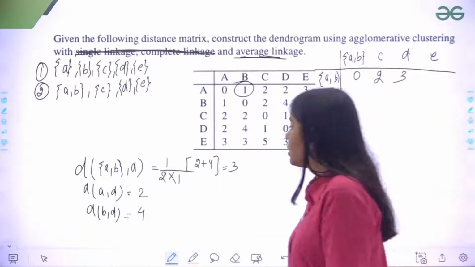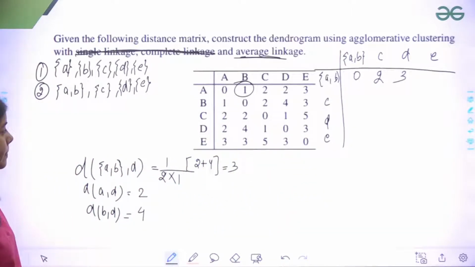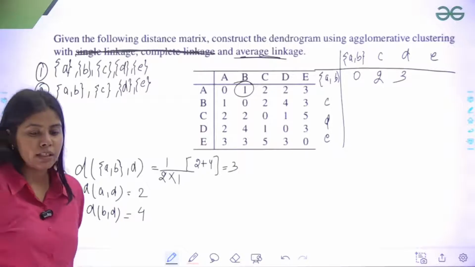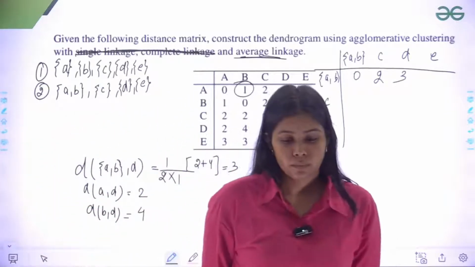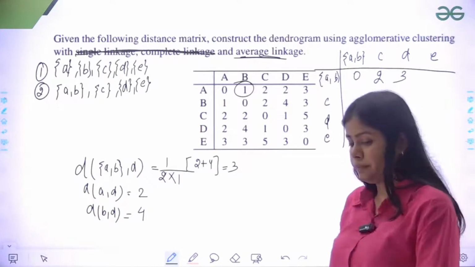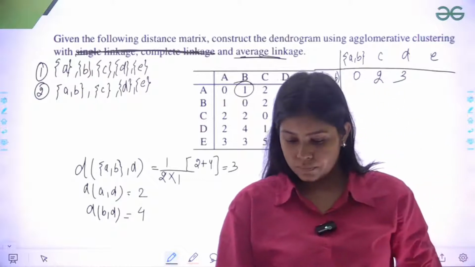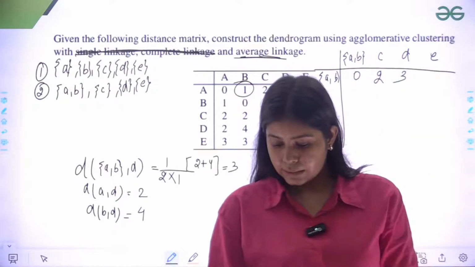Now next, find the distance of AB with E. Right, Shalini, that is 3.